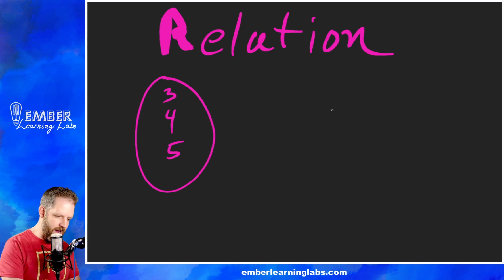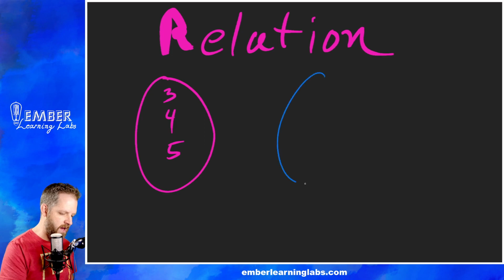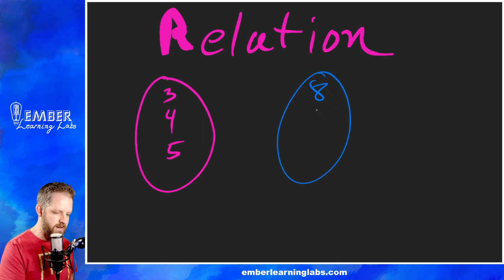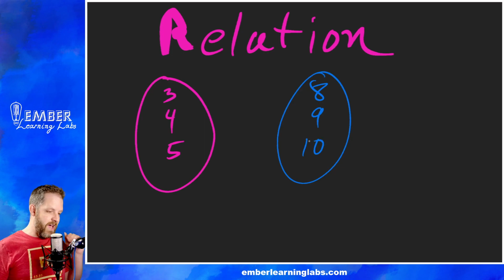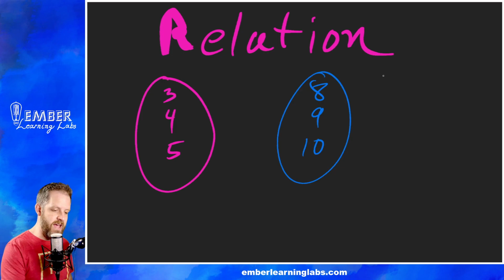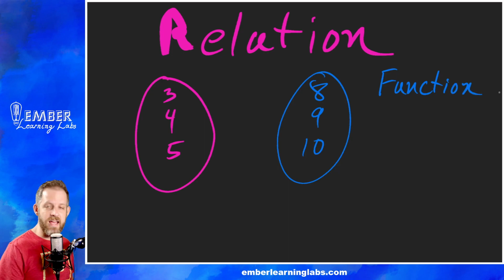And then we could have another set over here that had 8, 9, 10 in it, maybe. You can have whatever numbers or whatever else. And specifically a function is a relation which for every input, these are inputs.